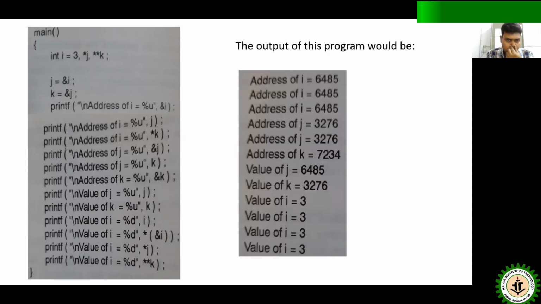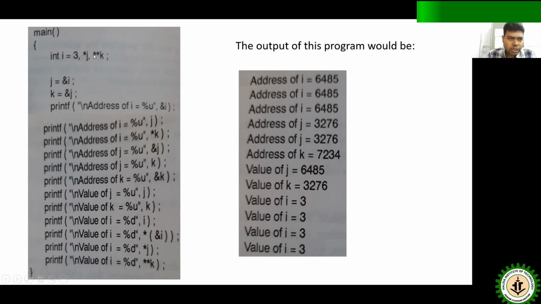Now, in this particular example, you can see the concept of pointer to a pointer. In the last line, j is a variable and the address of j is stored in k. Here we have written int I equals 3, and the value at address, asterisk j, is an integer pointer, and asterisk asterisk k means that k is a pointer to a pointer which is pointing towards the integer.